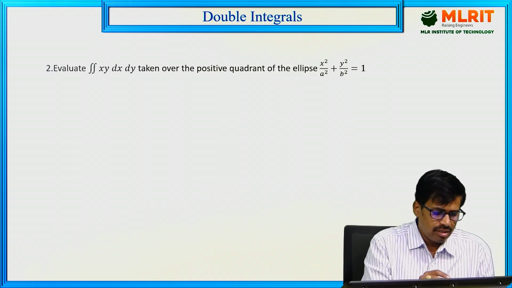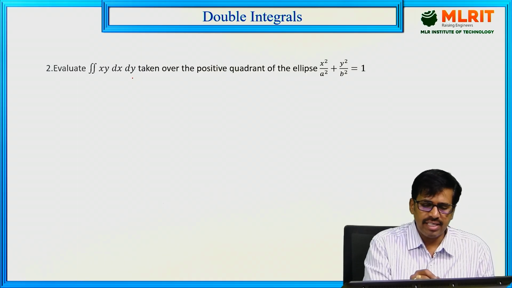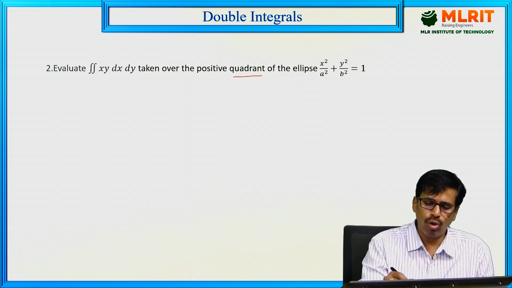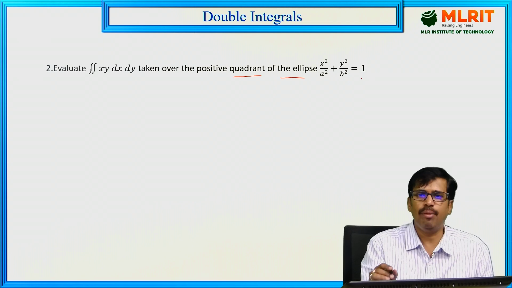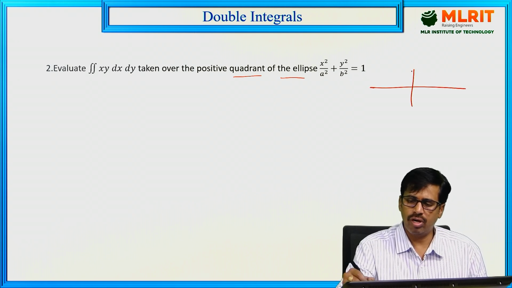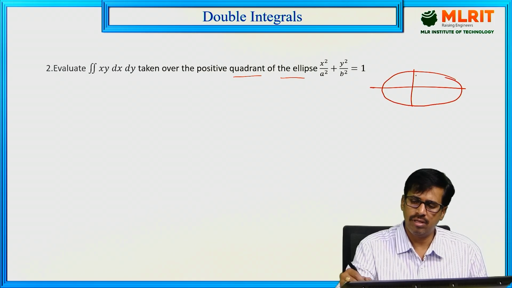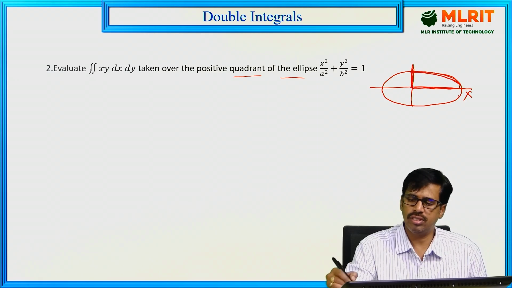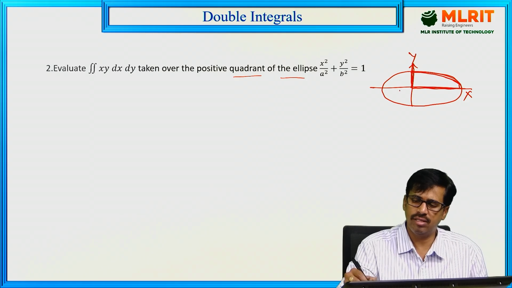Evaluate the double integral of xy dx dy taken over the positive quadrant of this ellipse. Positive quadrant means, first let us draw the ellipse. So the region of integration is in the first quadrant of this ellipse. So this is the x axis, this is the y axis, this is the origin 0, 0.